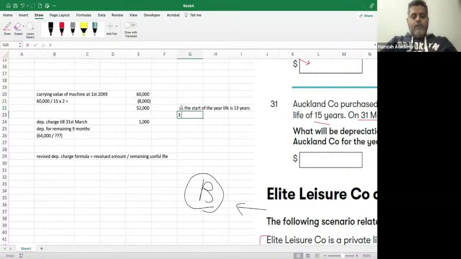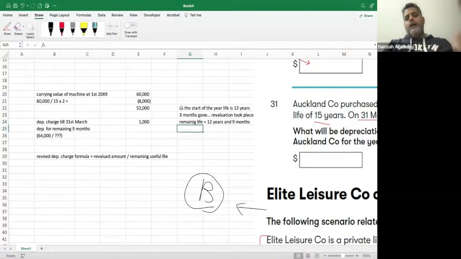Then 3 months gone, revaluation took place, right? So remaining life is 12 years and 9 months. Now I have the remaining life of 12 years and 9 months over here.